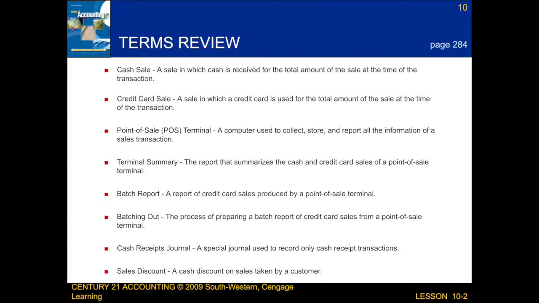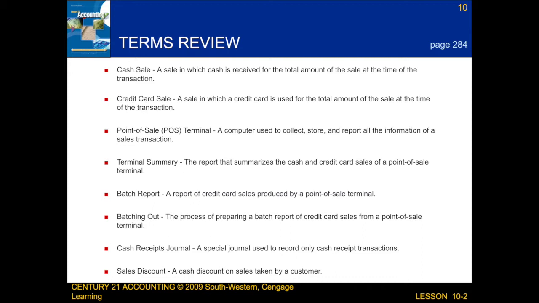A point of sale or POS terminal is a computer used to collect, store, and report all the information of a sales transaction. A terminal summary is the report that summarizes the cash and credit card sales of a point of sale terminal. A batch report is a report of credit card sales produced by a point of sale terminal.